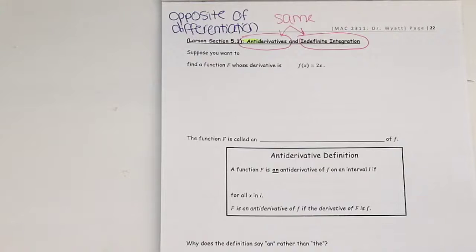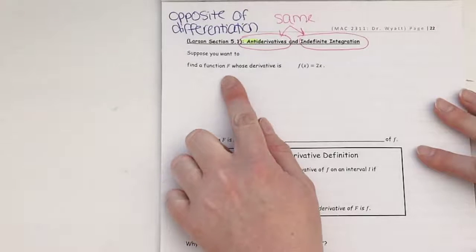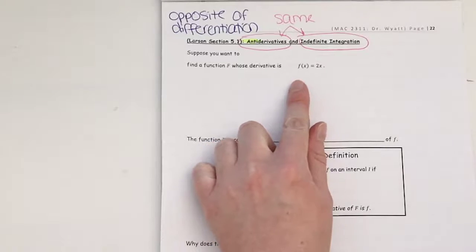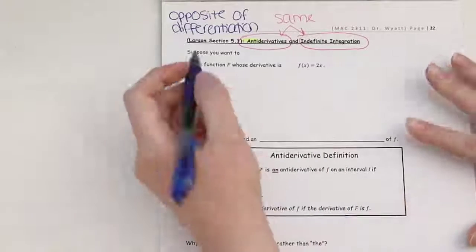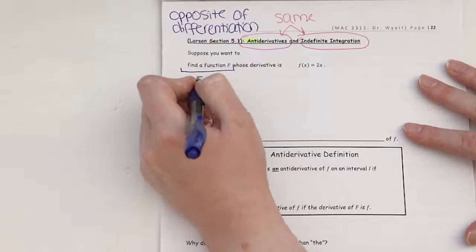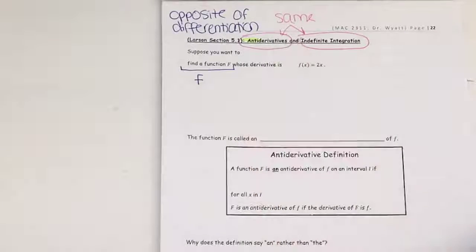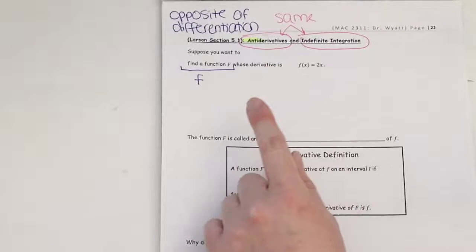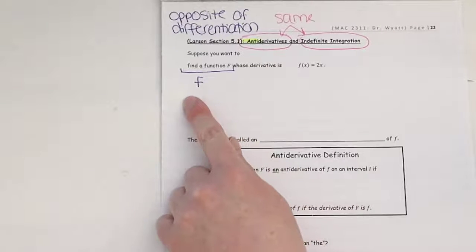And the definition of an antiderivative, again, we're trying to go backwards, so it's going to be kind of awkward the way they phrase this. So it's find a function capital F whose derivative is little f of x. Okay, so what we want to do is find this function capital F. Now, the whose derivative means we are talking about capital F's derivative.